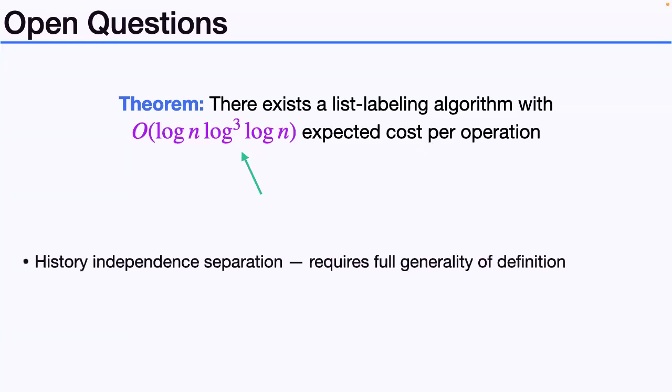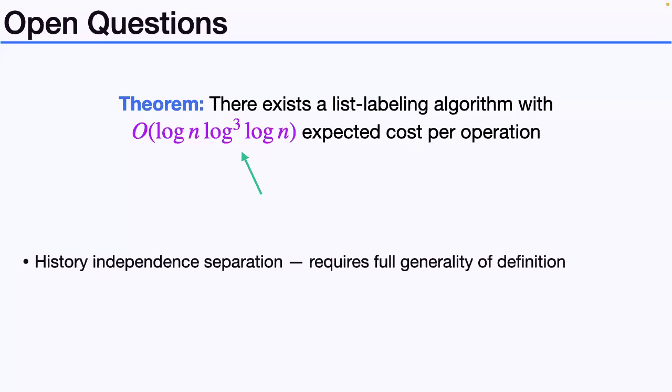Something a bit interesting here that I didn't mention earlier with history independence is that although history independence seems like a strong property, there's actually not a lot of examples for data structures where there's a physical separation between the history independent and history dependent versions. There's maybe 1 or 2 I know of that are being published at this point.